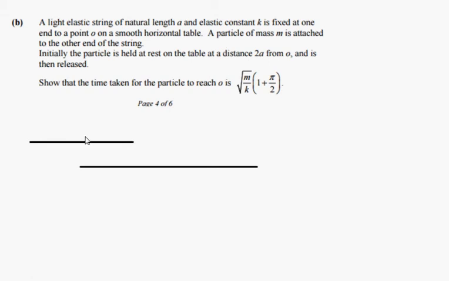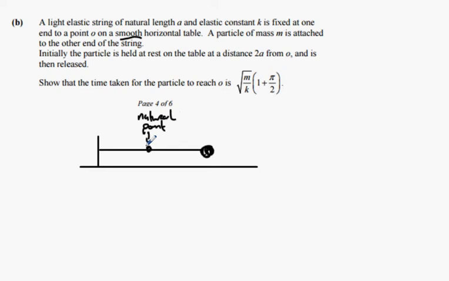Okay, that's interesting. So here we have a table and a particle m. Does it say the table has friction or is it a smooth table? Smooth table, no friction. So this is the natural length point. Can anybody tell me what happens at the natural point?